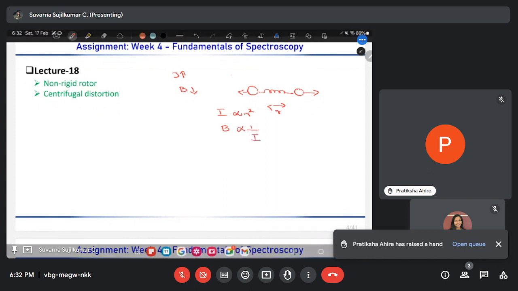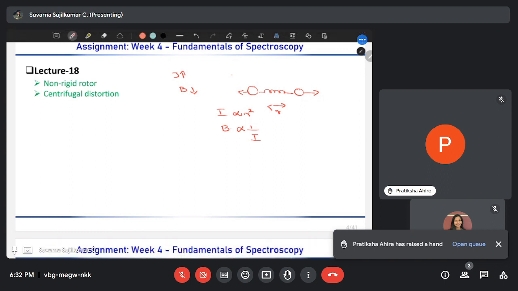So when I increases, B will decrease. B and the energy between two successive energy levels are directly proportional. So when B decreases, the energy gap between two adjacent J levels will decrease.